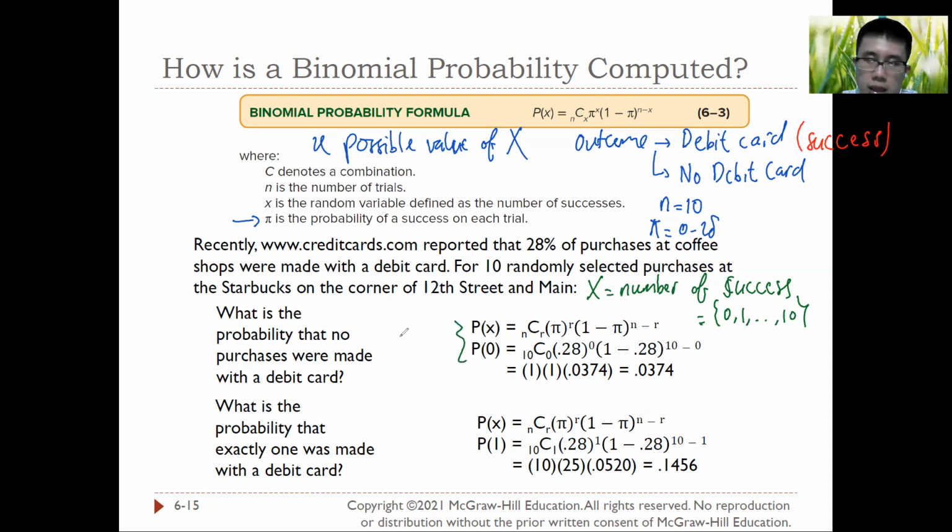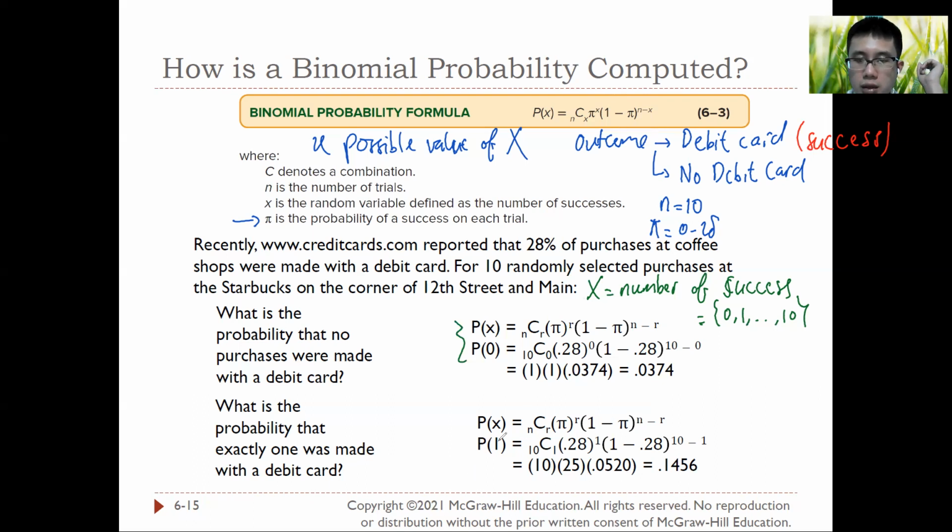And next, maybe another example is the probability of exactly one purchase with debit card. So we talk about x equal to 1 here. So substitute x with 1, and we have this. Don't forget to subtract 10 by 1 here, because the general formula is like this.